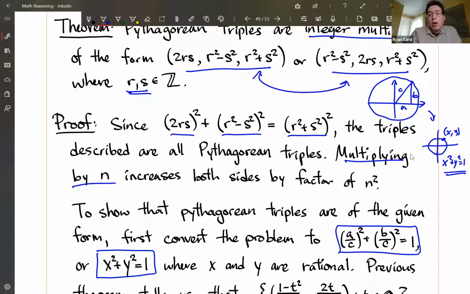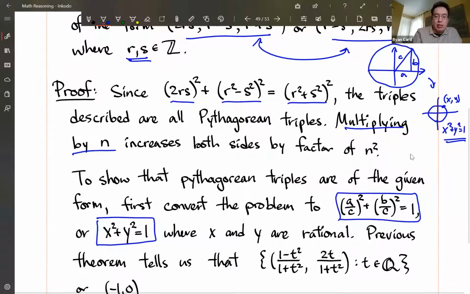But remember, we are losing some information here. Because we've divided everything by c, once we understand the solution for x and y, we'll have to translate back to a, b, c by multiplying everything back by c. So we'll have to do that later. But for now, that's a step forward. We have a simpler form of the equation.